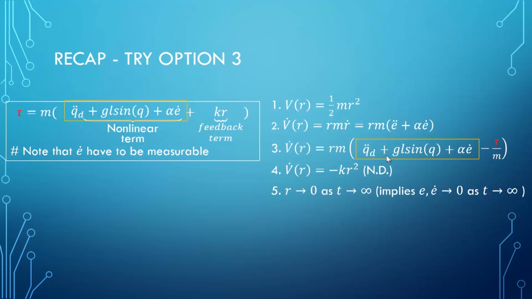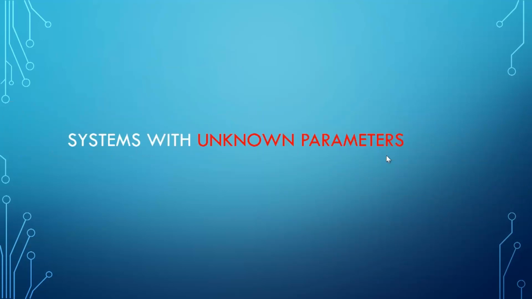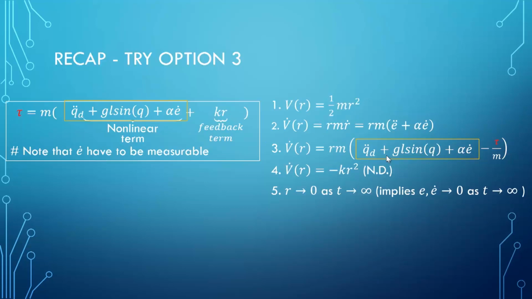So R converges to 0, and that implies, using the property in the previous slide, both signals will go to 0 as t goes to infinity. Okay, so this is from the previous lecture.